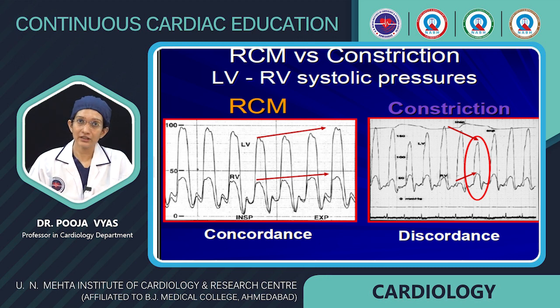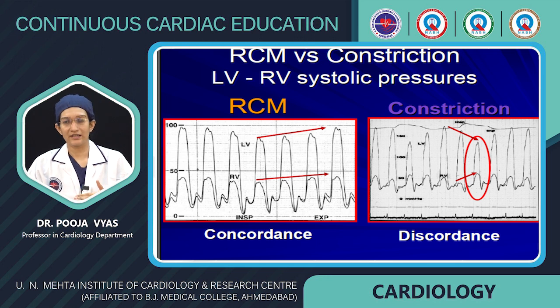This ventricular interdependence will not be there in RCMP, and so we will find a concordant pattern in LV and RV systolic pressures, while due to ventricular interdependence, there will be a discordant pattern of LV and RV systolic pressures in constrictive pericarditis.